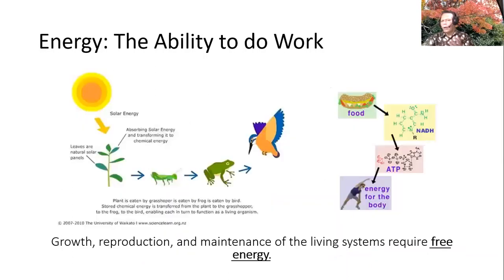Now let's see this energy is the ability to do work. Let's see this picture. Solar energy will be used by plant to convert or synthesize carbohydrate.